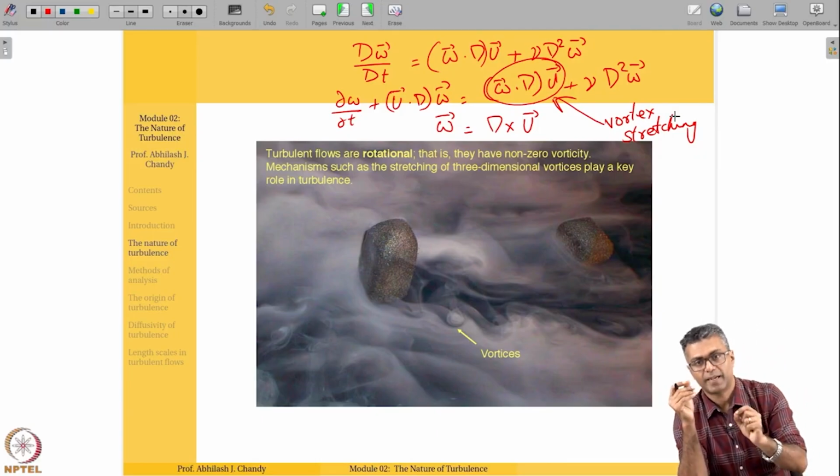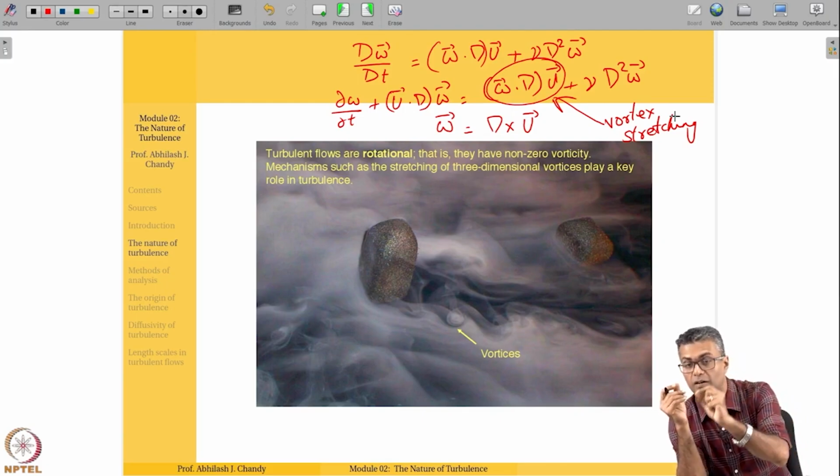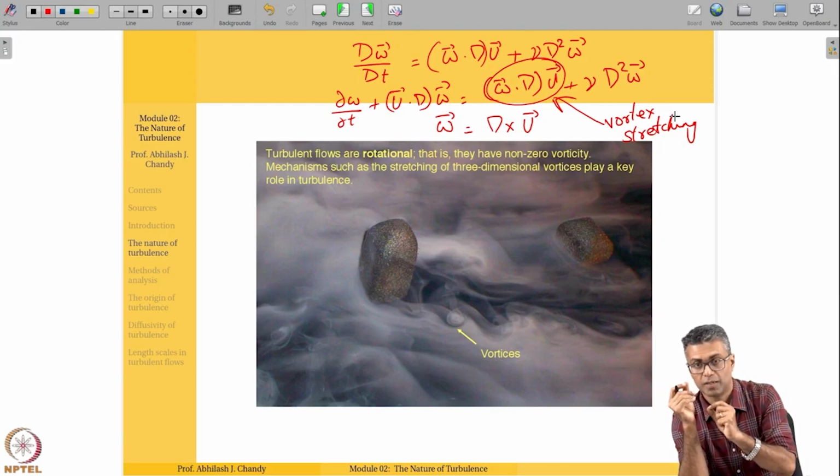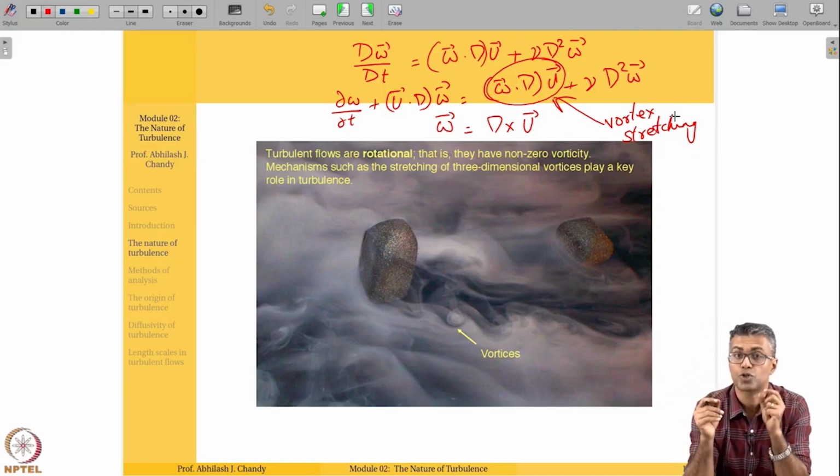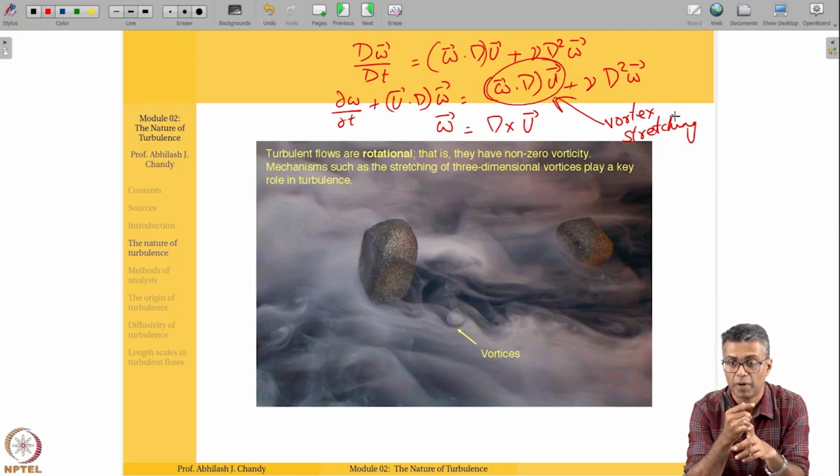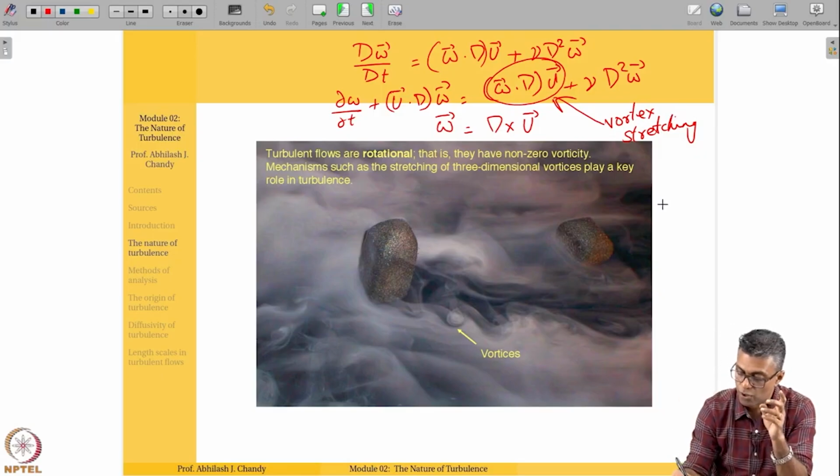And the fact that omega is a curl of velocity. So if the flow was two-dimensional, omega would only have one component, the z component.